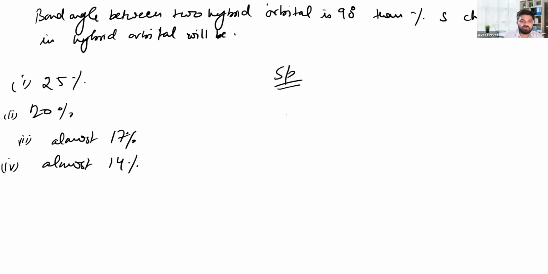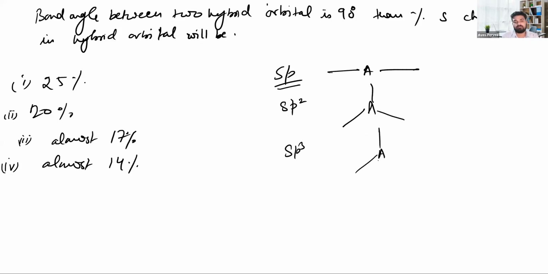SP is not going to have any 90 degrees because it is a straight line. SP2 is also not going to have any 90 degrees because it has a trigonal planar structure. SP3 doesn't have any 90 degrees because it has a tetrahedral structure.